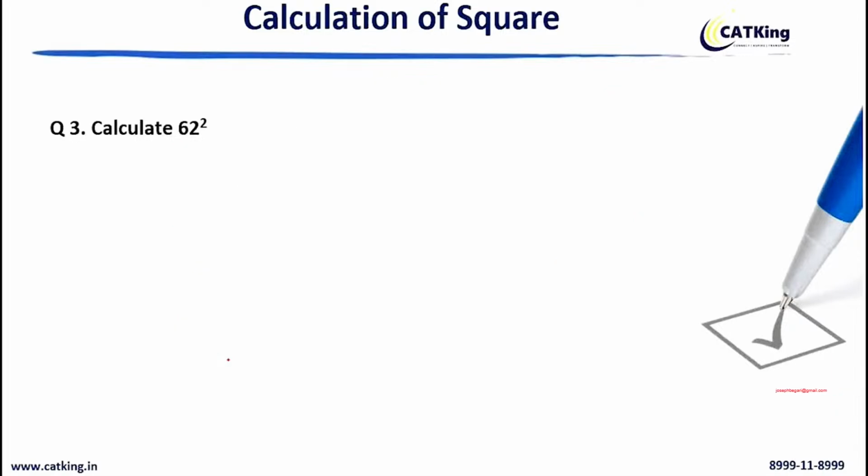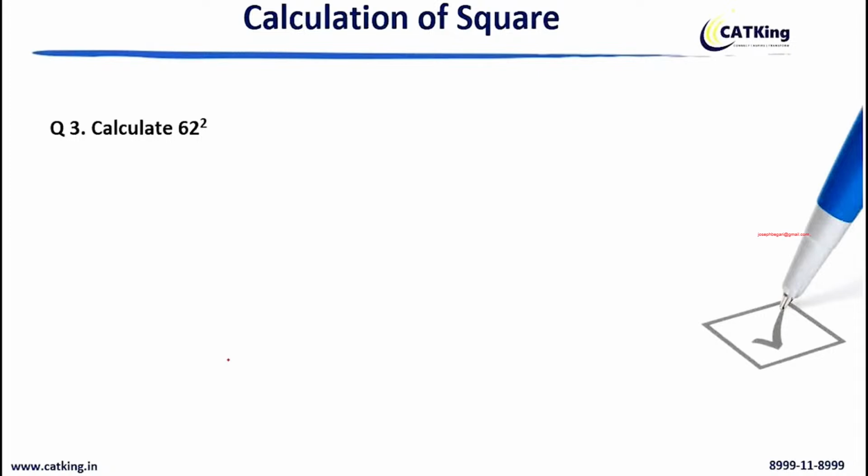62 square. I would require you to pause the video here. Just please pause the video and keep your notebooks handy, because you should know these things, because these are a part of easy calculations. Once you know these things, it will make your calculation really easy, whether you are solving a DI set or you are solving a quant question.